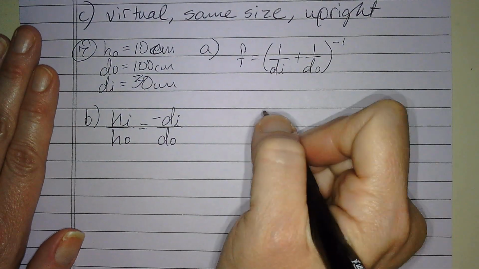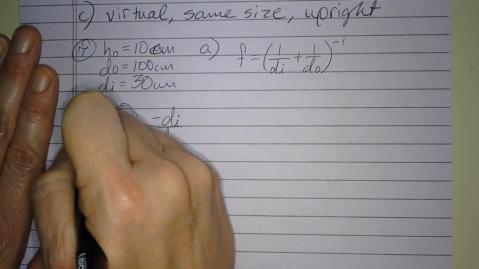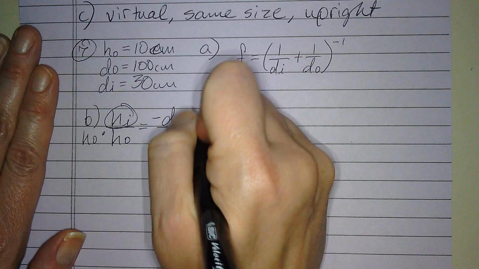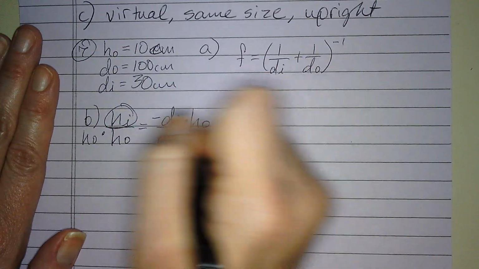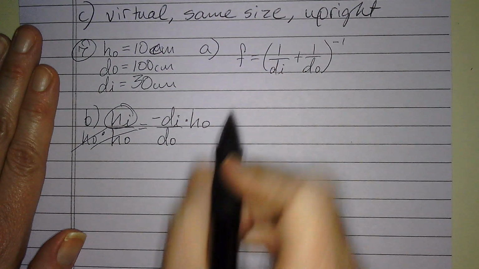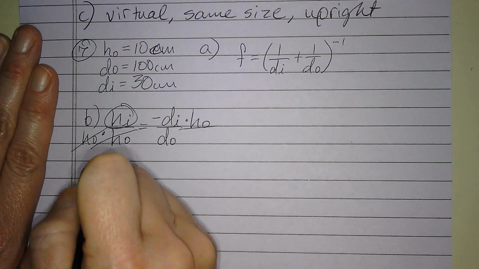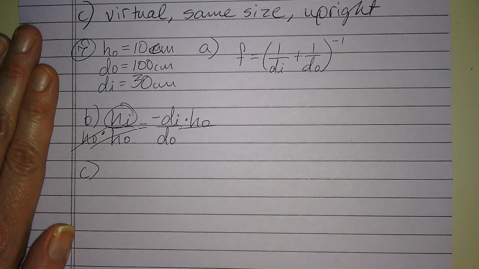You're basically just solving for HI, so you can multiply both sides by HO. So then HI is negative DI times HO over DO. That's it.